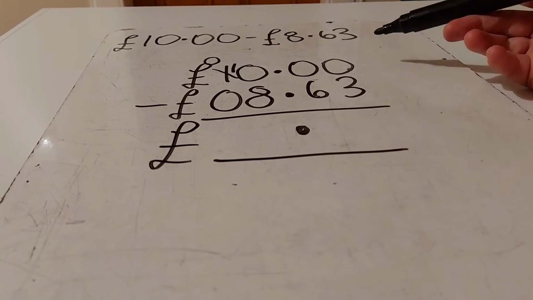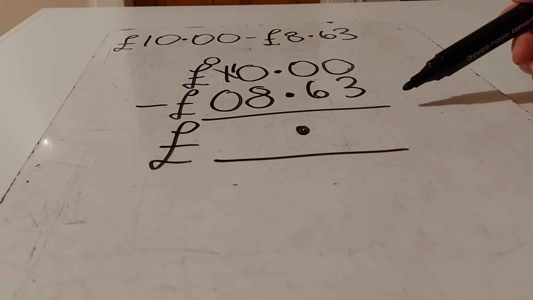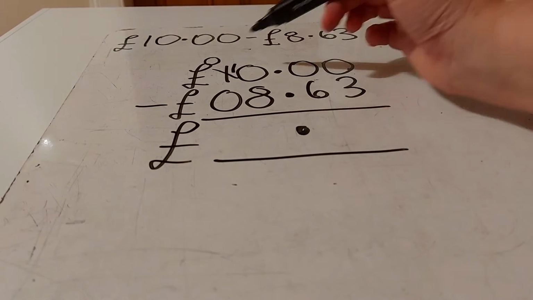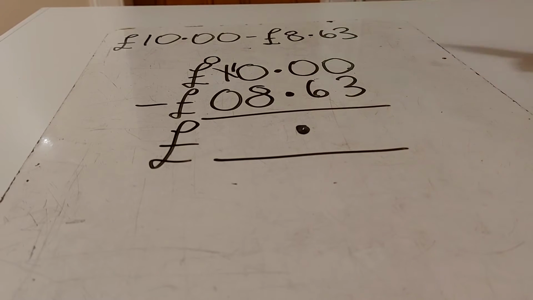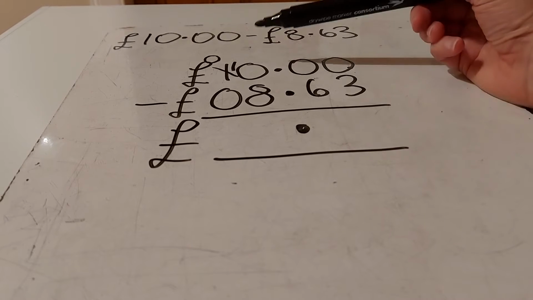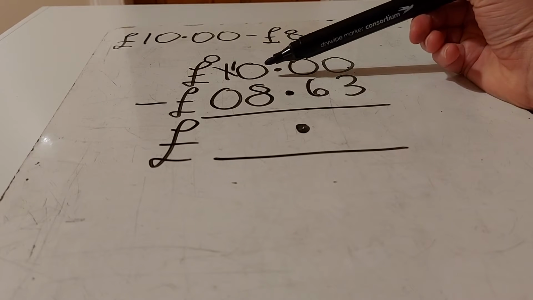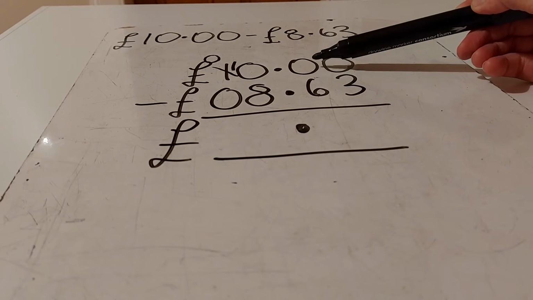Okay, now it actually doesn't help me any more because I still can't do 0 take away 3 over here. But what I'm now going to do is, from this column here that's now got £10, remember I'm not adding or subtracting at the minute, I'm just moving money around from column to column, and I'm doing this to make it easier to do the calculation. I'm going to remove one of these pound coins, and I'm just going to move it into this column.